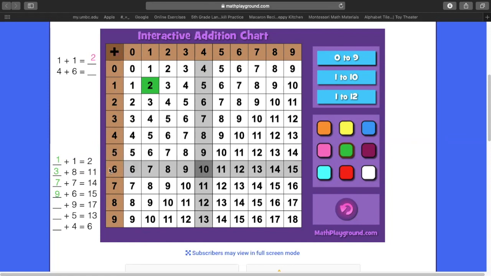And then I have to use my fingers to draw and see where they touch. Lucas, where do they touch? Where do 4 and 6 touch? 10. So does that mean 4 plus 6 equals 10? Yeah. So that's my answer. 4 plus 6 equals 10.